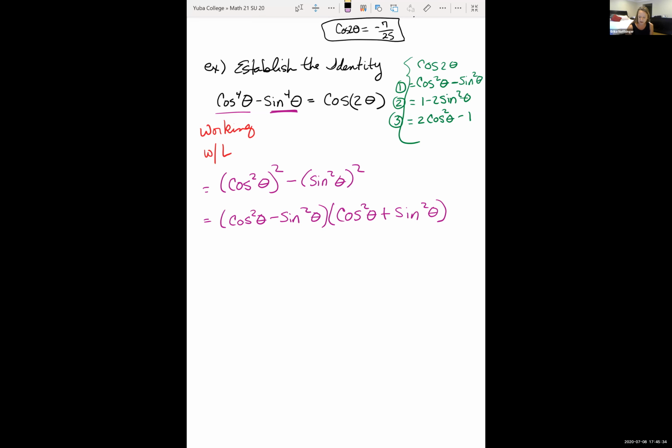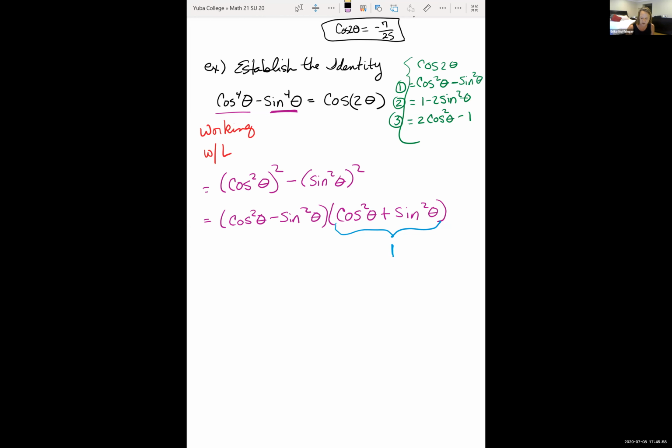So notice, again, we have a difference of squares. Do I need that? No, I don't. It's going to fall out right away. Notice that cosine squared plus sine squared, if you ever see that, you know that should be 1. And notice up here, our first equation is cosine squared theta minus sine squared theta.